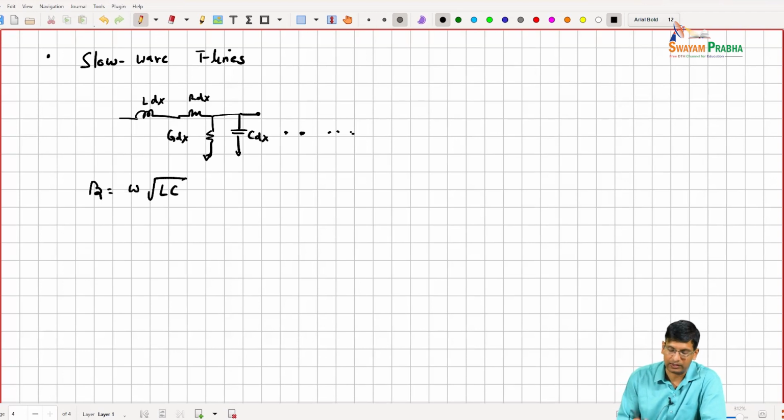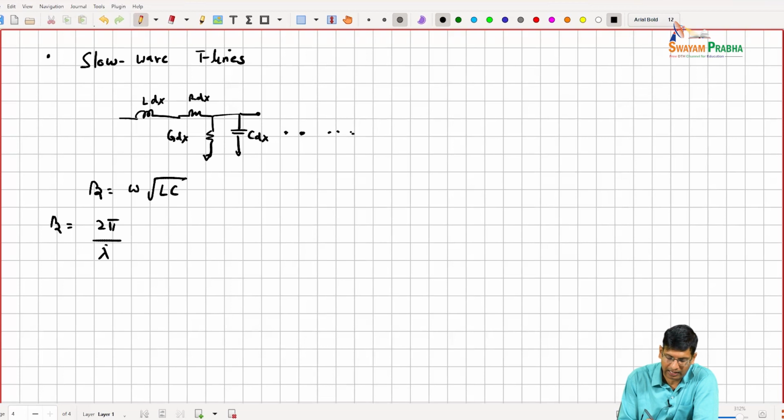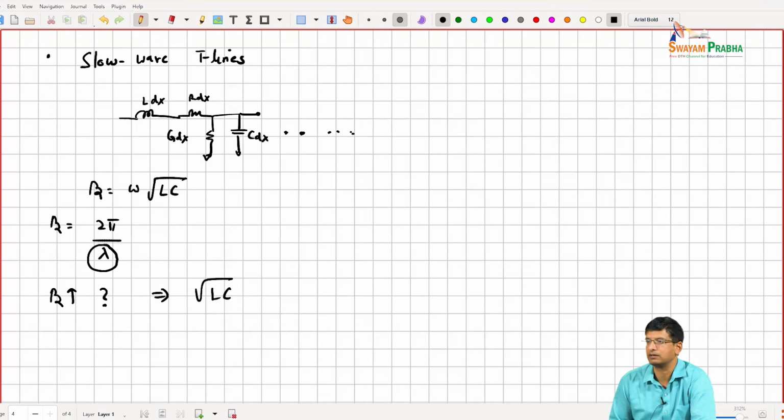So what I would like to do is, since beta is 2 pi over lambda, right? What I am interested in is basically having a very small lambda, for which I need to increase beta, right? Which implies that I should basically find some way to increase my LC product, right?